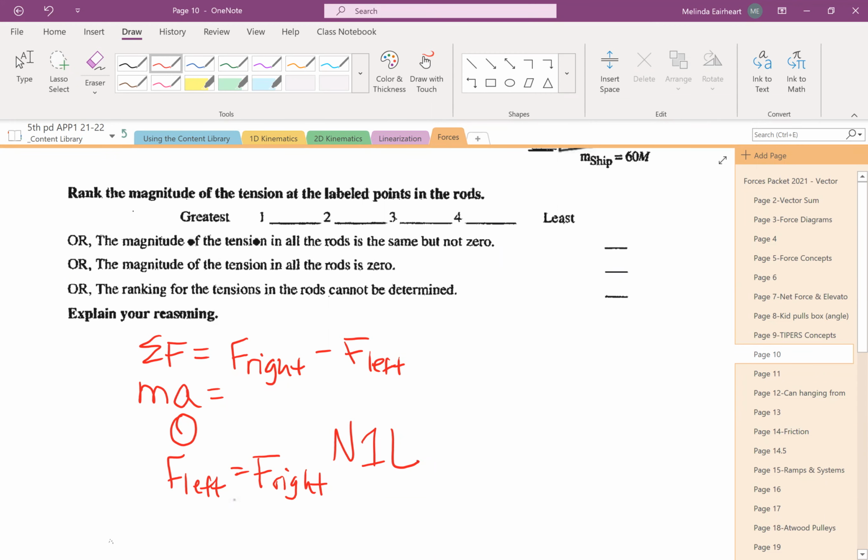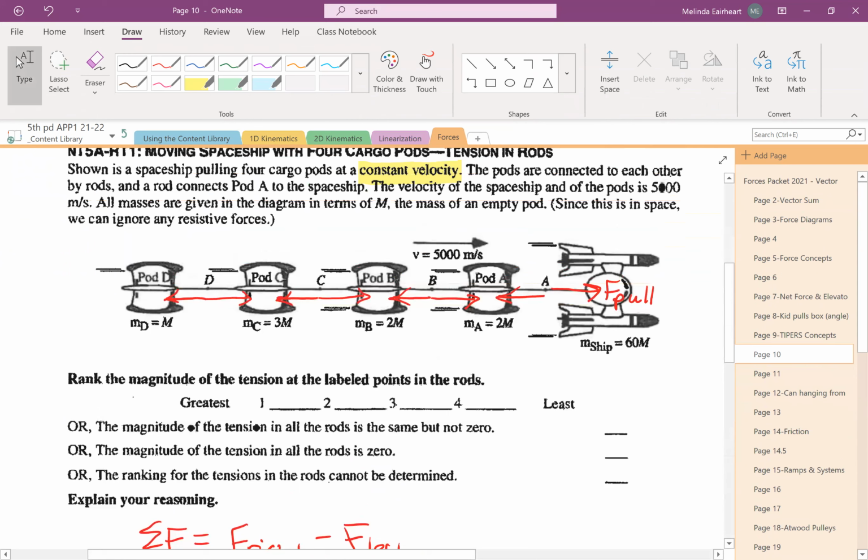And so calculate the magnitude of the tensions. Well, if this left force is D pulling on C, and this is C pulling on D, those are equal and opposite, right? And then C and B pull on each other. And so C pulls on B, B pulls on C. And then BA and AB.